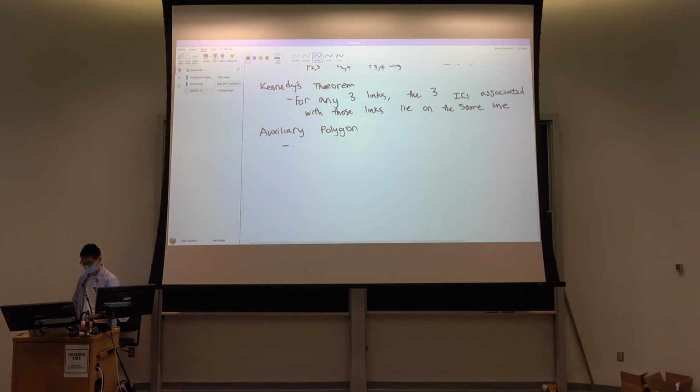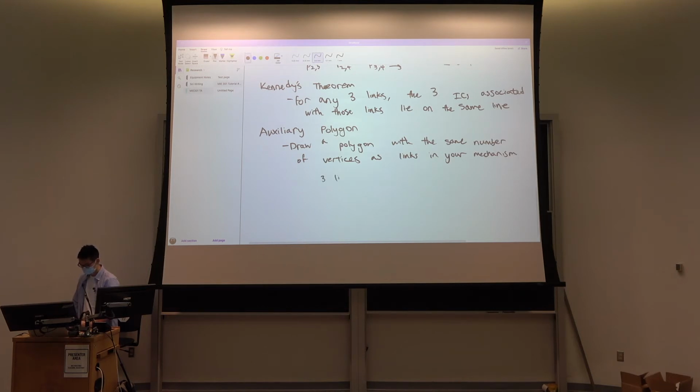So to use an auxiliary polygon, you draw a polygon with the same number of vertices as links in your mechanism. Okay?